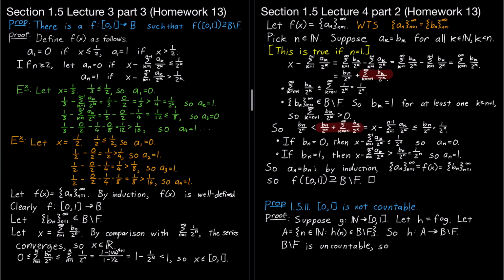So that means that h is not a surjection. If it was, it would be a surjection from a subset of the natural numbers to an uncountable set, and we know those don't exist.